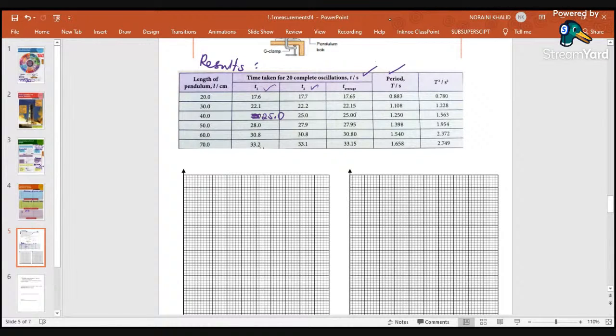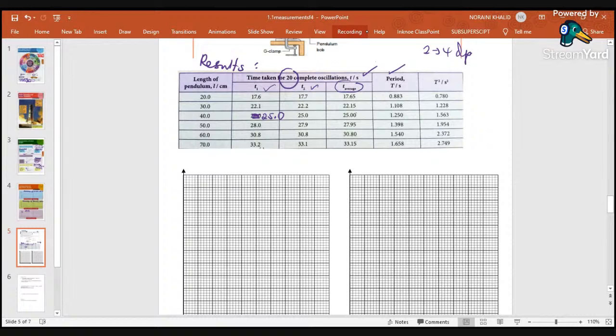For the number of dp for the secondary data, you can record 2 to 4 dp. So you have T1 and T2, then calculate the average. The period of oscillation is the time taken, which is the average, divided by 20.